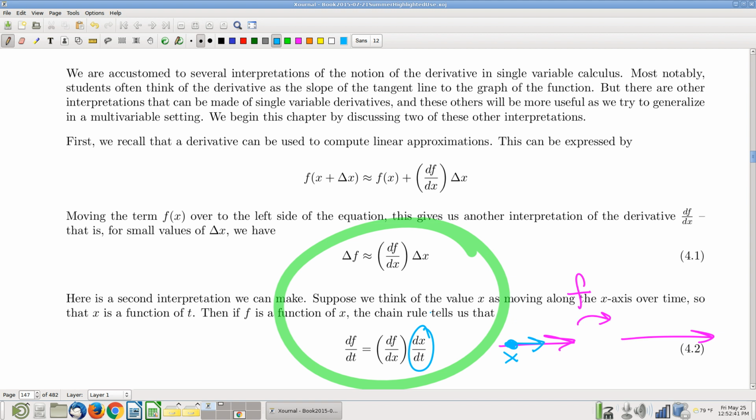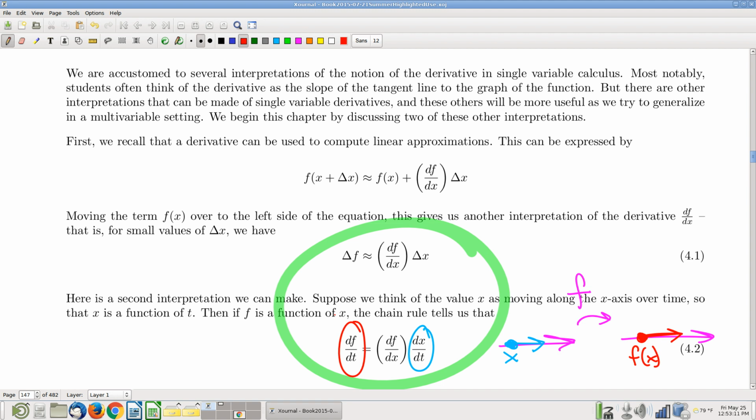Well, look, every point in the domain is going to have an image in the target. Different points have different images. So as this point in the domain moves, the image in the target is going to move as well. So you could reasonably ask, if x is moving in the domain, then how fast is f of x moving in the target?